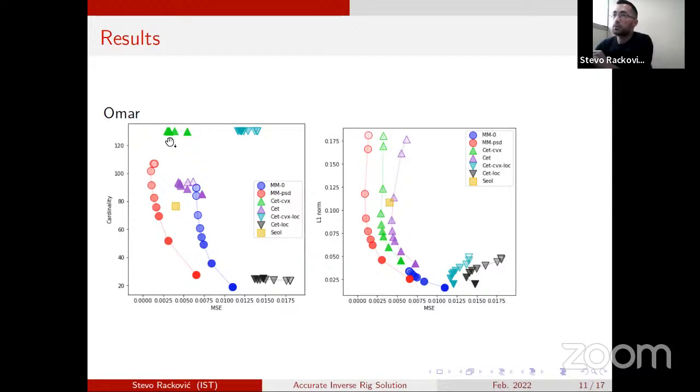Sometimes we have these very low values that add a lot to cardinality, but not so much to the L1 norm. But in either of these two figures, we see that our curve is always below the others, which means that our model is superior to the previously proposed ones, especially this one with pseudo-inverse solution initialization. We also tried different initializations like a random vector, and any of the solutions of these 5 benchmarks, but this one works the best.